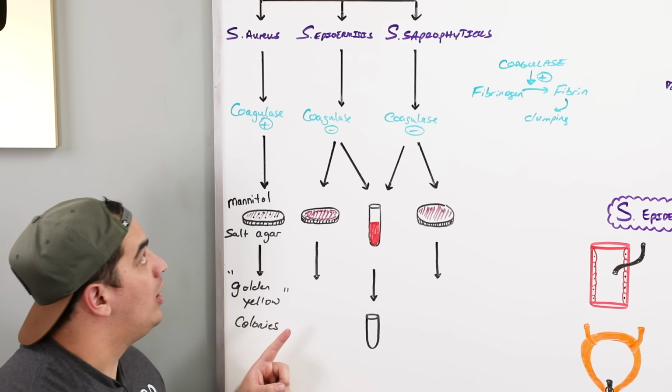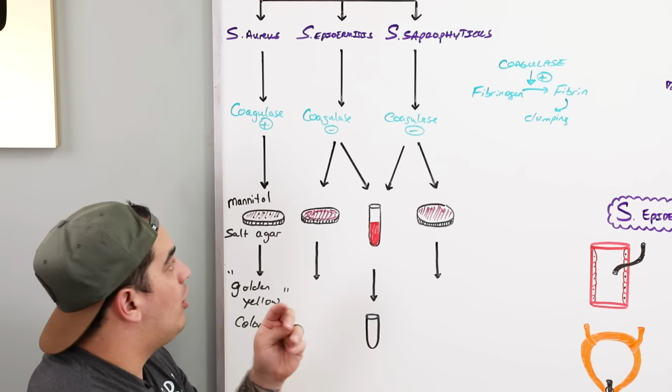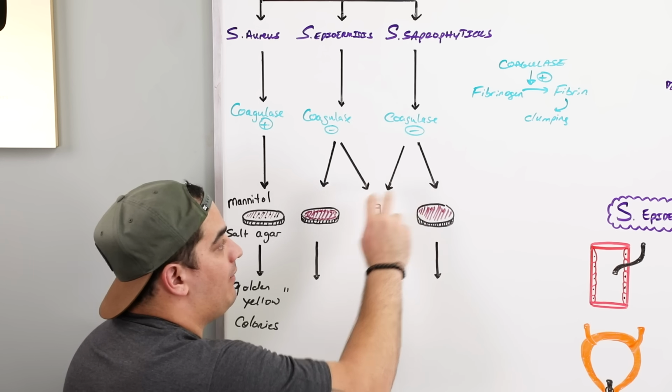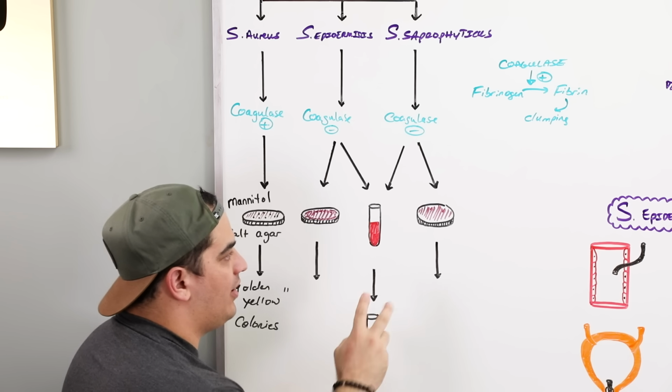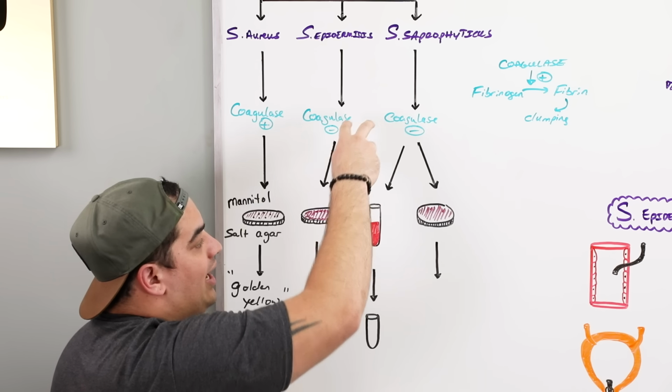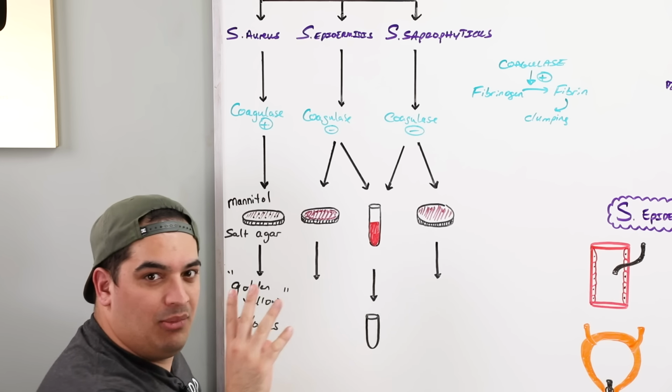Very important. For Staphylococcus epidermidis, you then have to differentiate this one from Staphylococcus saprophyticus. How do you do that? Because there's another similar point between them. They're both catalase positive, they're both coagulase negative, and guess what else they're both similar in?